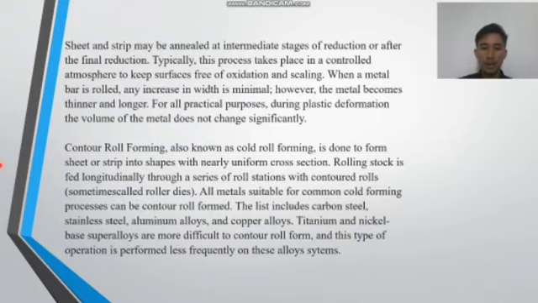All metals suitable for common cold forming processes can be contour roll formed. The list includes carbon steel, stainless steel, aluminum alloys, and copper alloys. Titanium and nickel-based superalloys are more difficult to contour roll form. This type of operation is performed less frequently on these alloy systems.